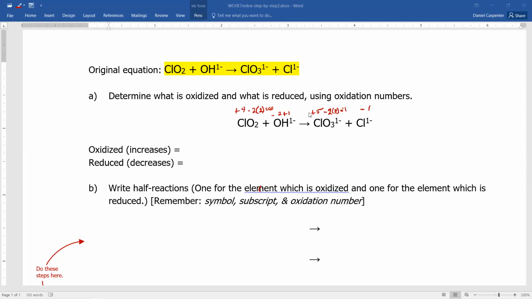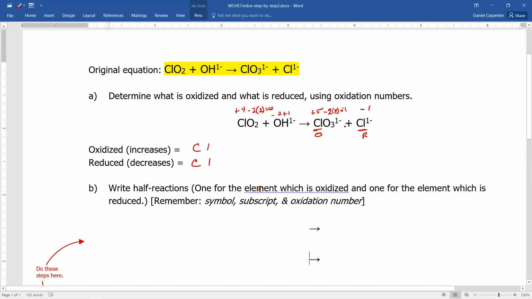That's an increase, so that chlorine is oxidized. And chlorine goes from +4 to -1 on this chlorine, so chlorine is also reduced. This chlorine is oxidized, and this chlorine is reduced.